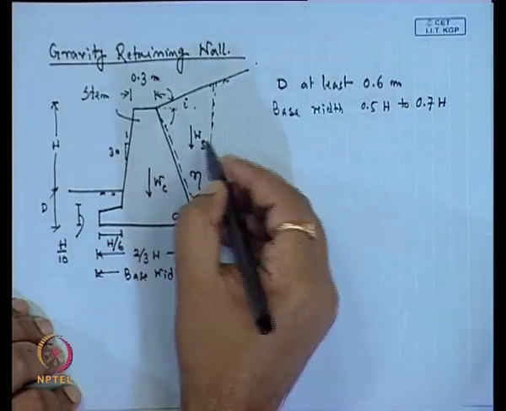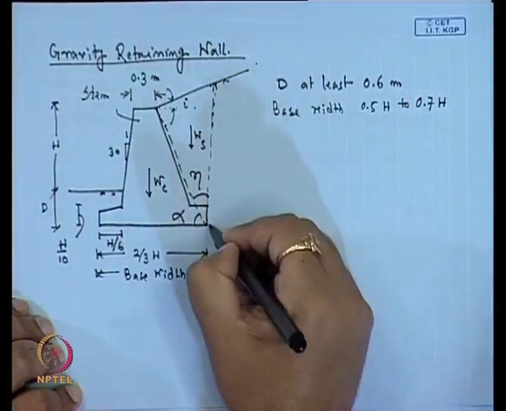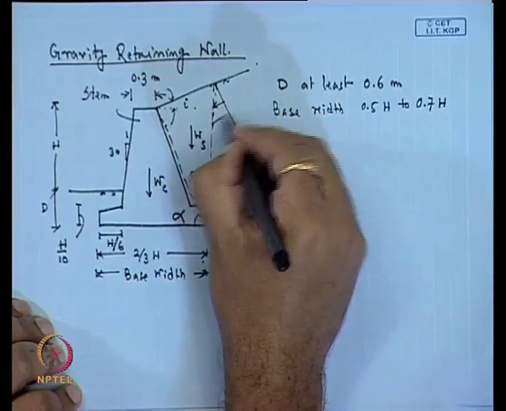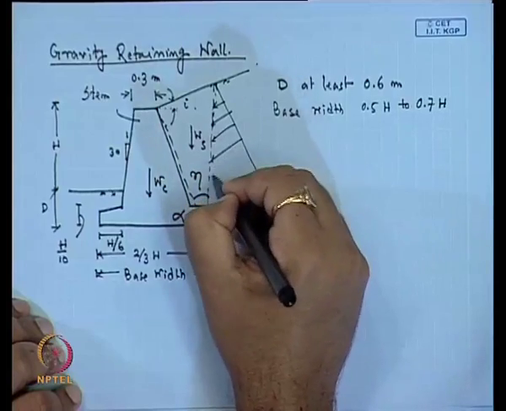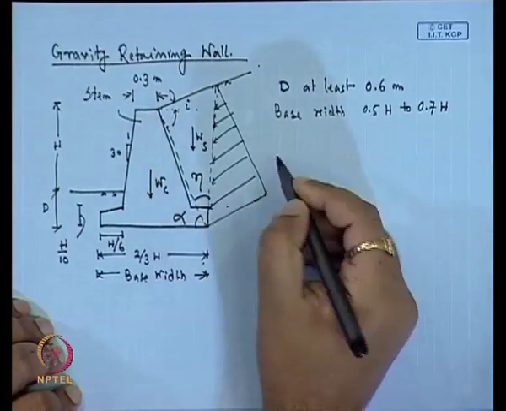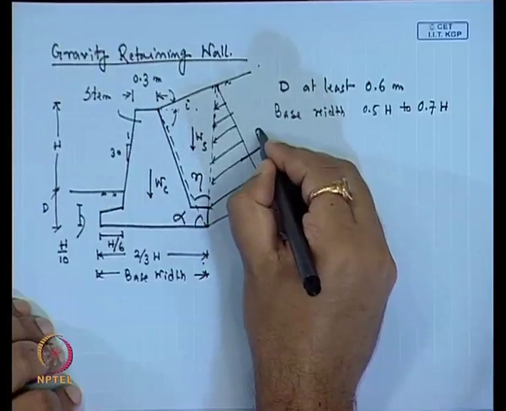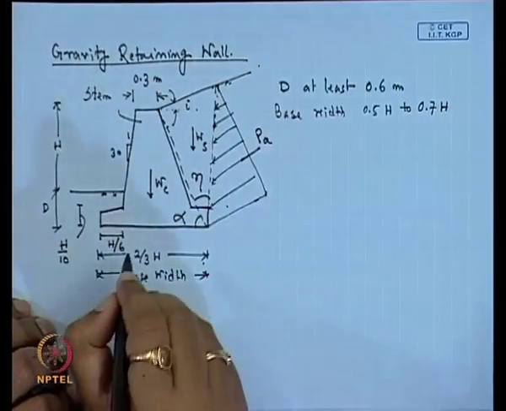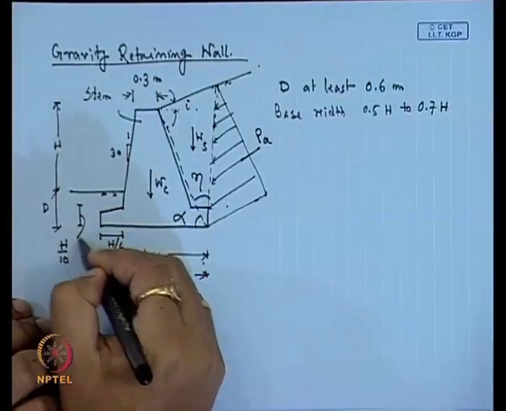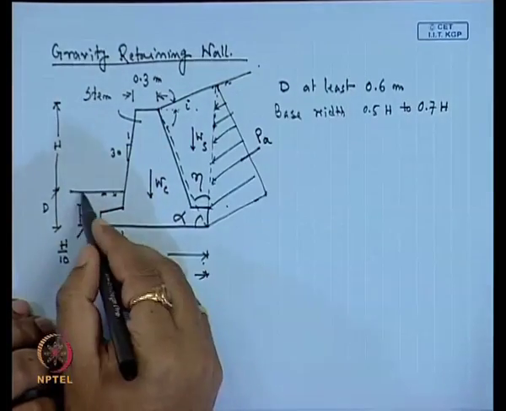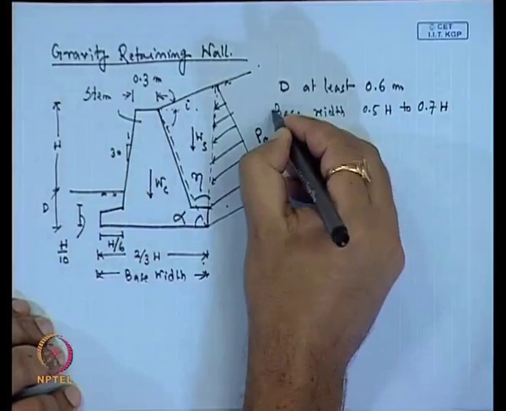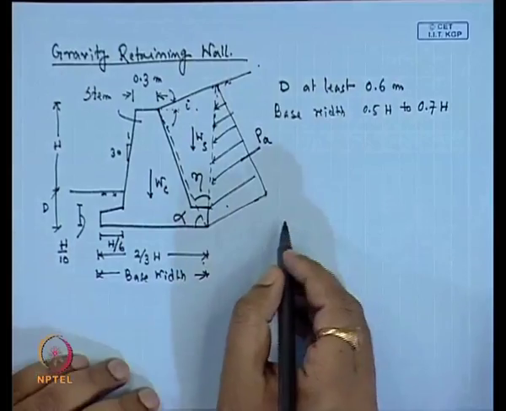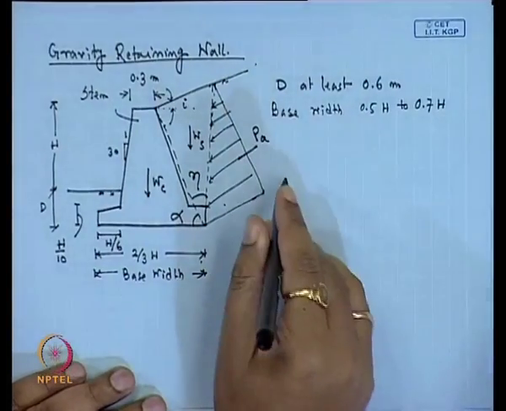Now, the earth pressure that will act. If I consider this earth pressure diagram, the active earth pressure Pa will act for this soil, and here the passive earth pressure also acts. If we neglect the passive earth pressure, this earth pressure can be calculated by either Rankine's formula or Coulomb's theory.